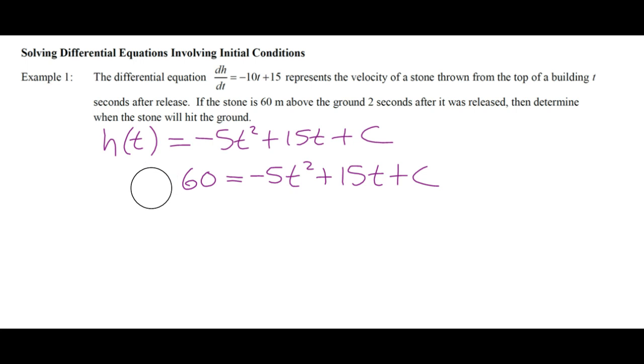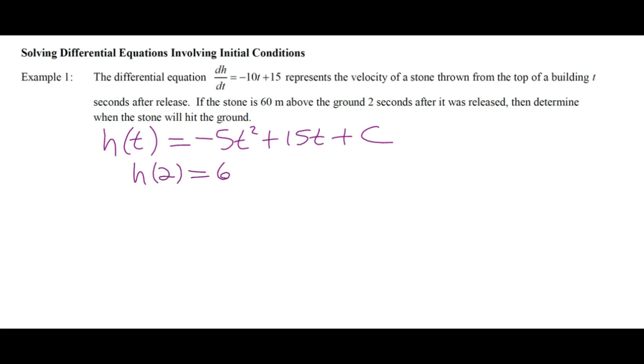So 60 is equal to negative 5 times 2 squared, plus 15 times 2, plus c.